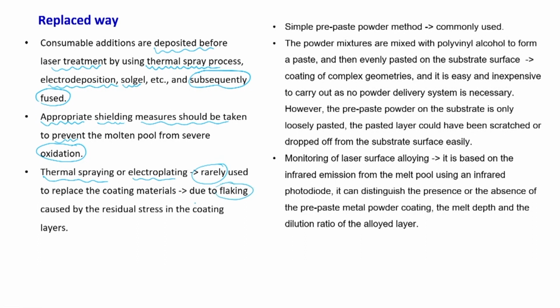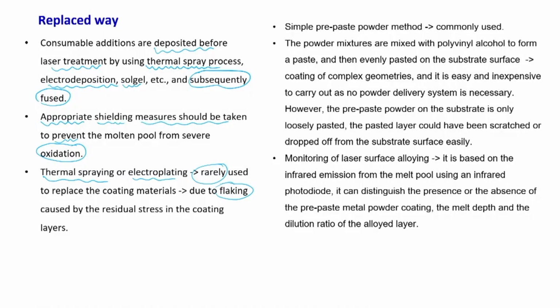So, we can thermally spray the additional material over the surface, or we can even have the electroplating, but during the application of laser source there may be chances of flaking due to the residual stresses which are there during the thermal spraying or the electroplating. So, the simple pre-paste powder method is commonly being used.